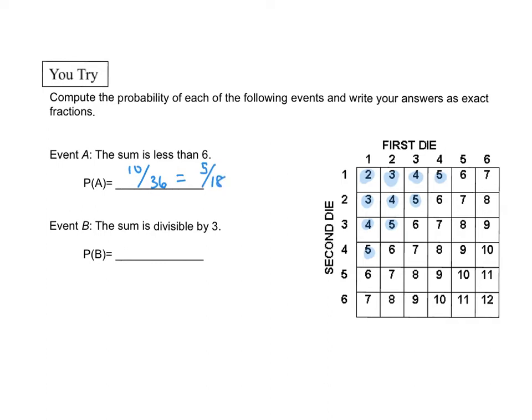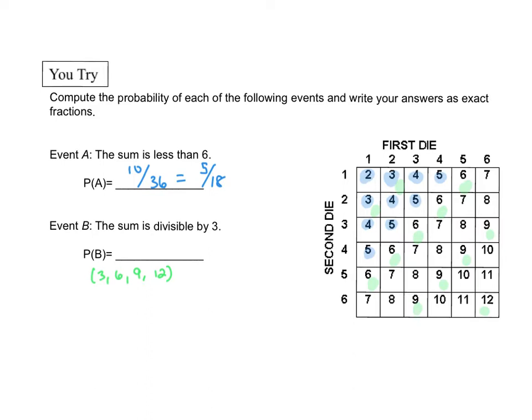Now let's do one where the sum is divisible by 3. So those numbers are, we'll write them here, 3, 6, 9, and 12. So you're looking for wherever there's a 3, wherever there's a 6, and a 9, and a 12.